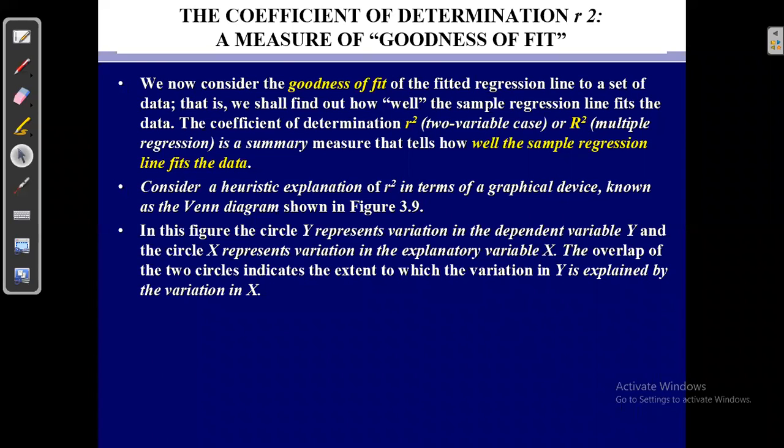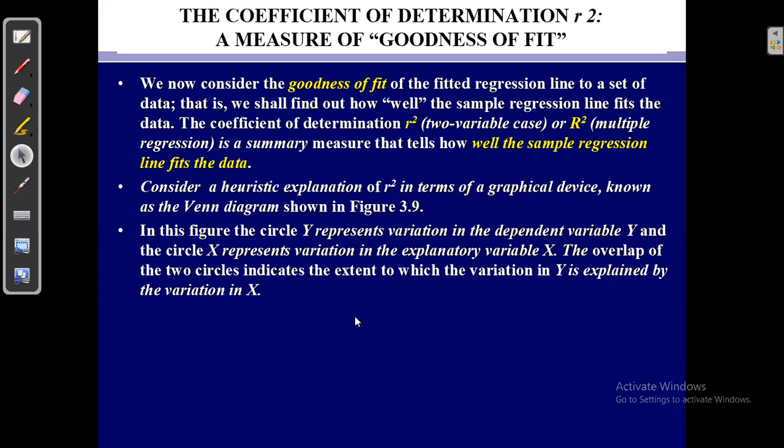So a measure of goodness of fit for that purpose is what we call the coefficient of determination, which is represented by R square. Okay. Usually we use the capital R square notation for that. This is a summary measure that tells how well the sample regression line fits the data.